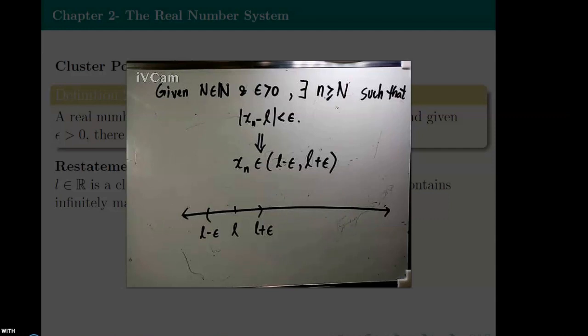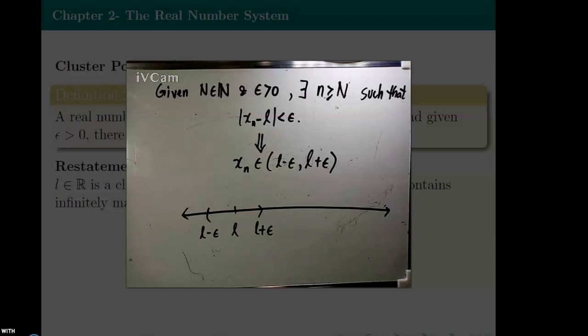Now take note, for the limit there is the existence of big N such that this will hold for all n greater than or equal to big N. But here in the cluster point, given the big N, there exists n greater than or equal to big N. This n here could exist once, twice, or many times. It is just existence, such that this will hold.